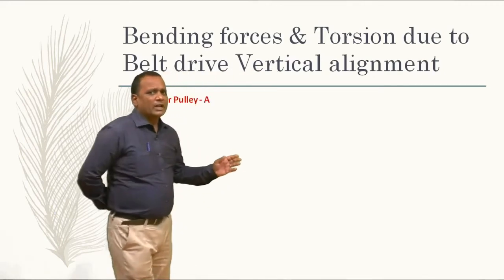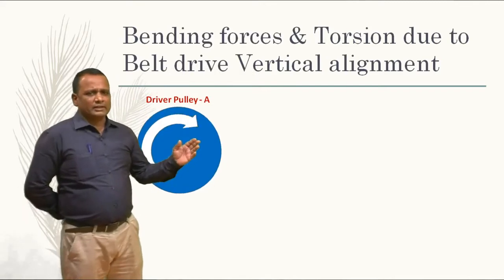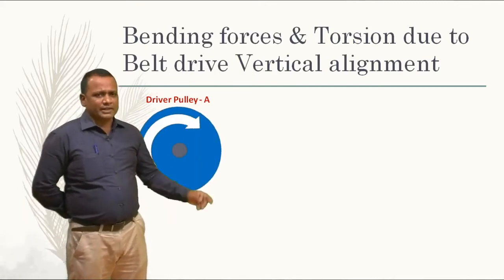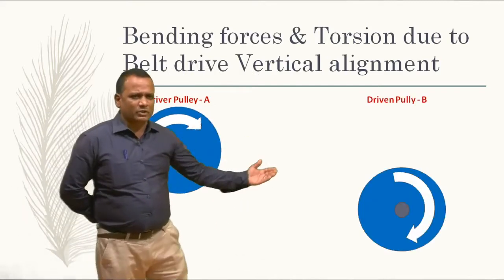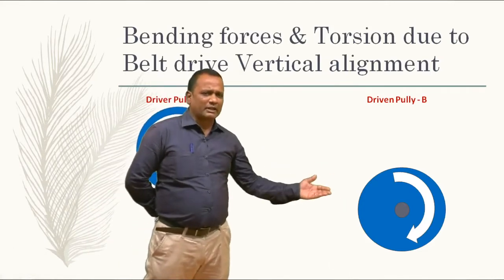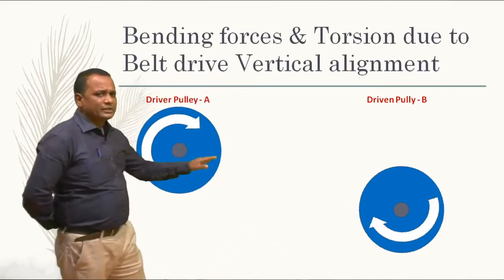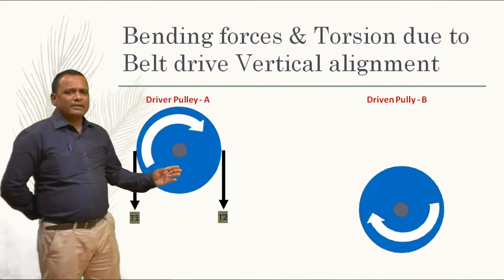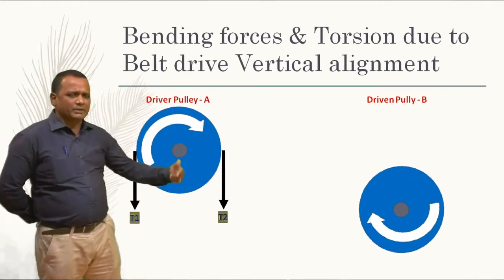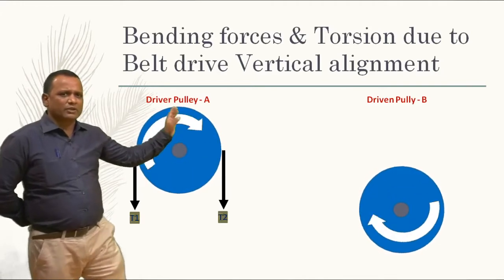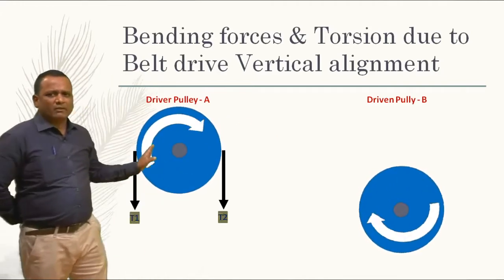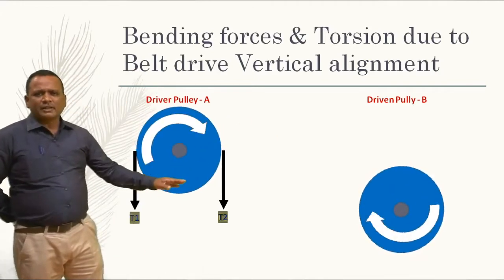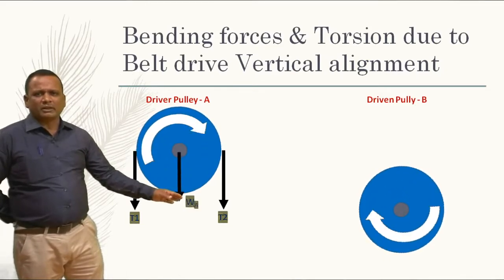Just imagine I have a pulley A, which rotates in a clockwise direction. In a similar way, we are transmitting power to one more pulley right below pulley A, so the direction of rotation would be the same. Since we have a belt transmitting power from the driver to the driven, the belt has T1 and T2 as the tight and slack sides. The summation of these two would be T1 plus T2.